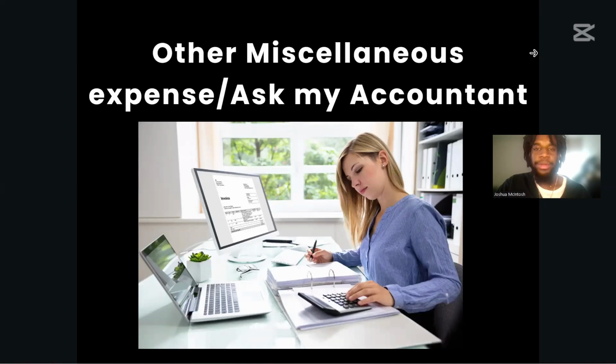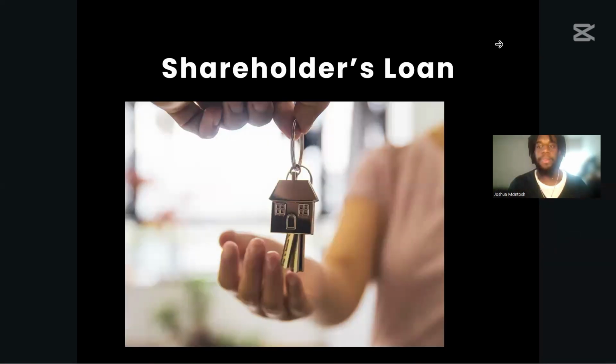If you are a bookkeeper, you shouldn't be putting ask my accountant since you are a professional at categorizing transactions. But if you are a business owner, just call your CPA really quick. Don't do it during tax time because they're probably very, very busy. And just ask them, hey, what would I label this? I'm sure they'll give you a very professional answer.